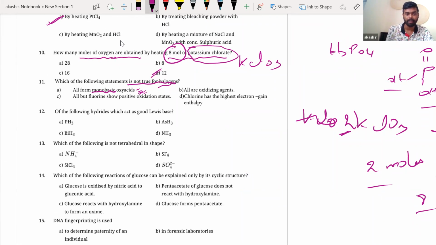Okay, fine. Next thing is all are oxidizing agents. Now, for it to be an oxidizing agent, the halogens have to undergo reduction, right? Oxidizing agent means that it has to undergo reduction in the particular reaction. Then only it can be an oxidizing agent.